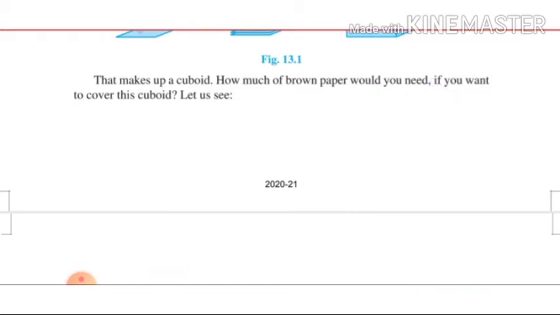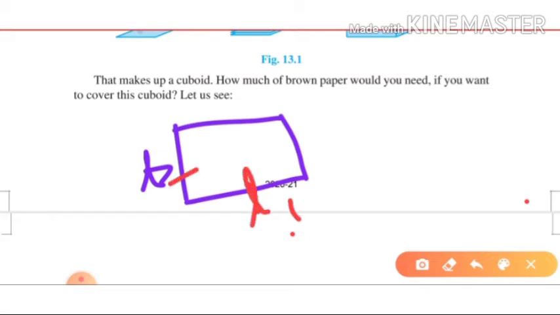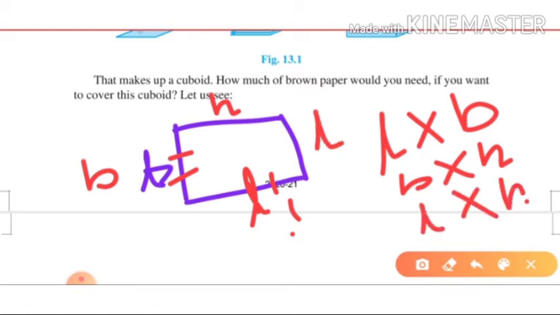In a rectangle with length L and breadth B, the area will be L into B. Likewise, if it is B and H, it will be B into H, and if it is L and H, it will be L into H or H into L.